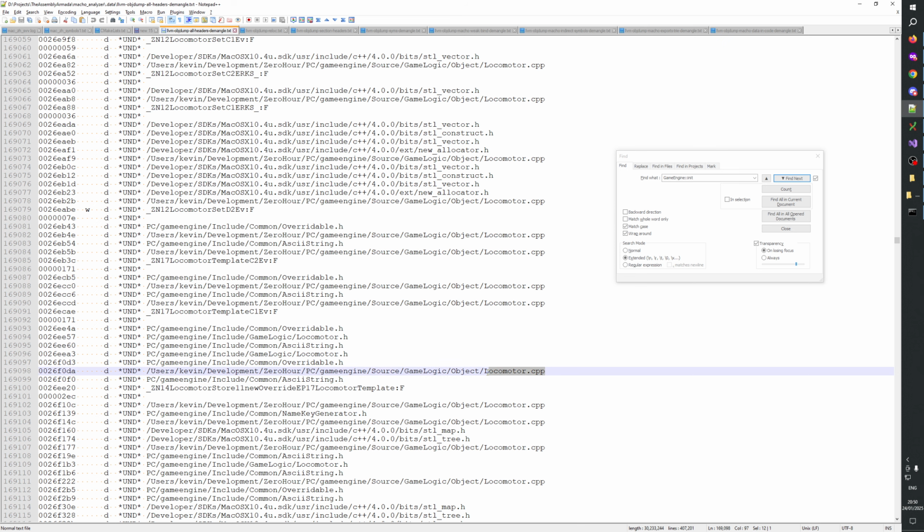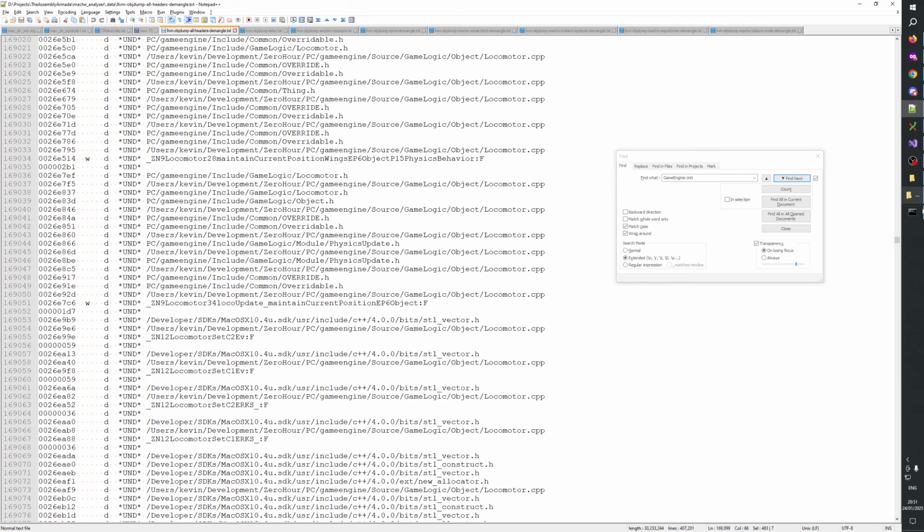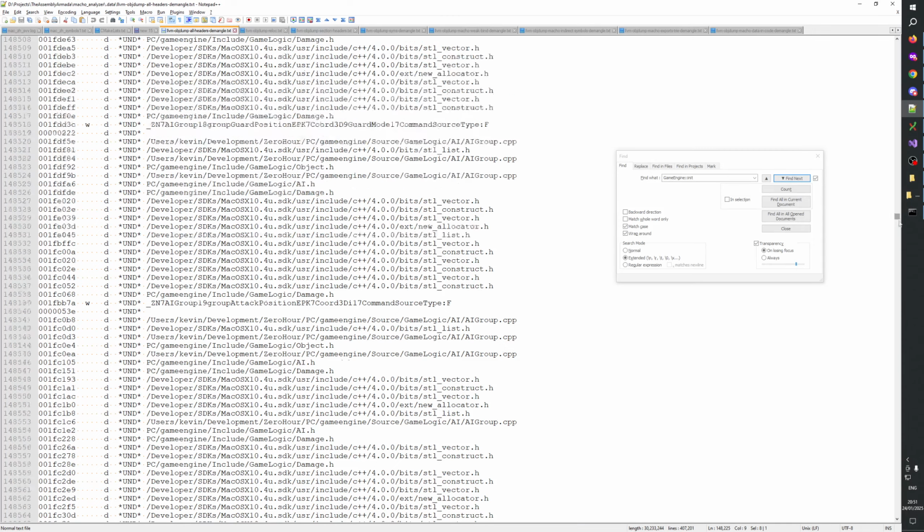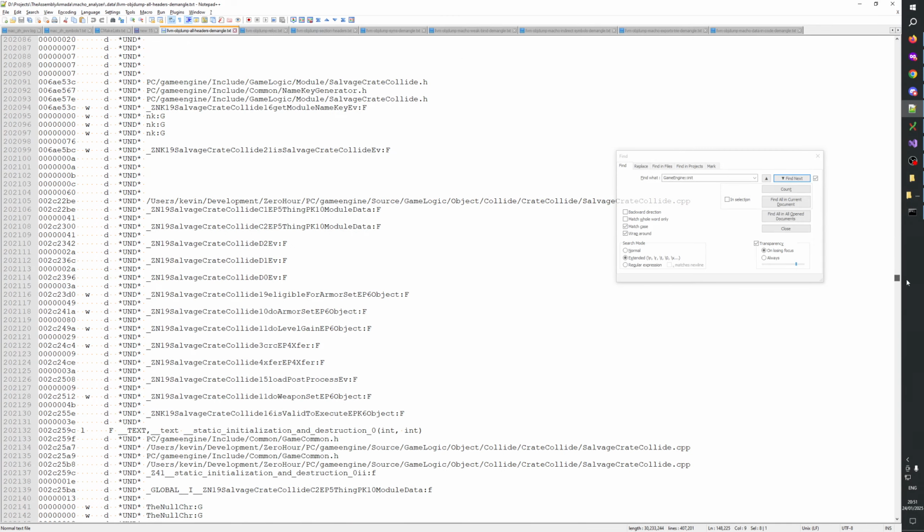Well, there is a CPP, so maybe the CPP should always take precedence. But what if there are only headers? Can there be any function where there's no CPP? I don't know.